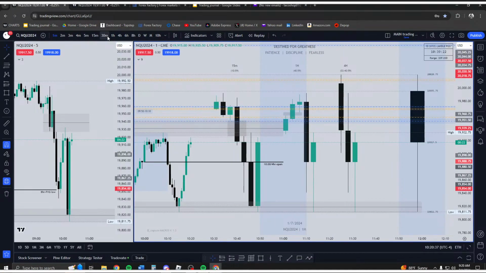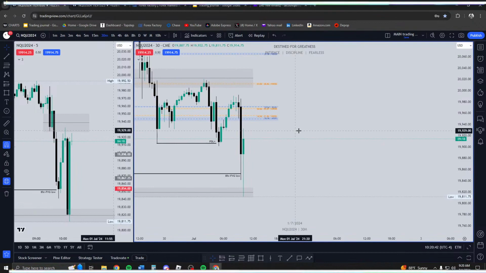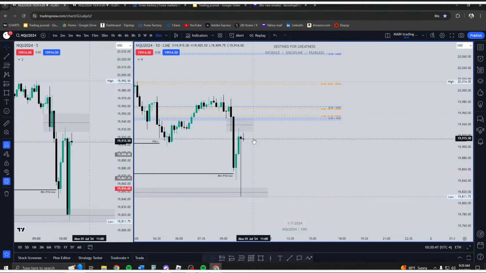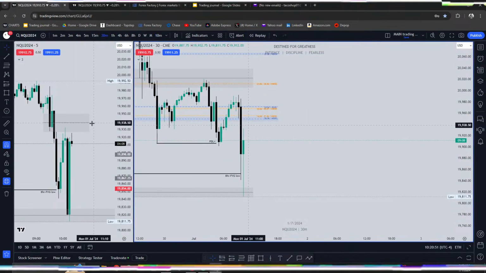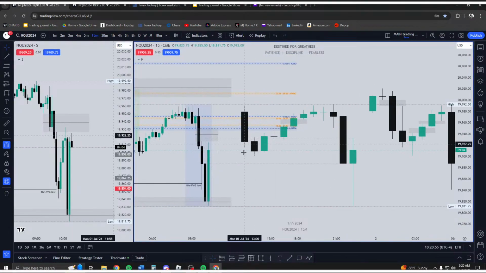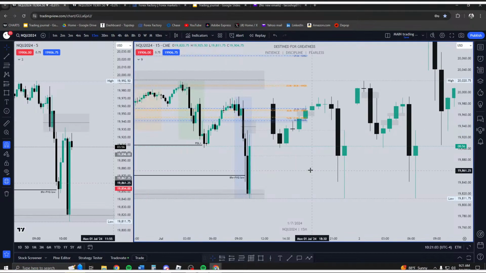So on the 30-minute time frame here, I will most likely be trading that 30-minute power of 3 here, if we get some sort of a closure above this 15-minute FVG here, or we just get a really bullish closure on the 30-minute time frame.